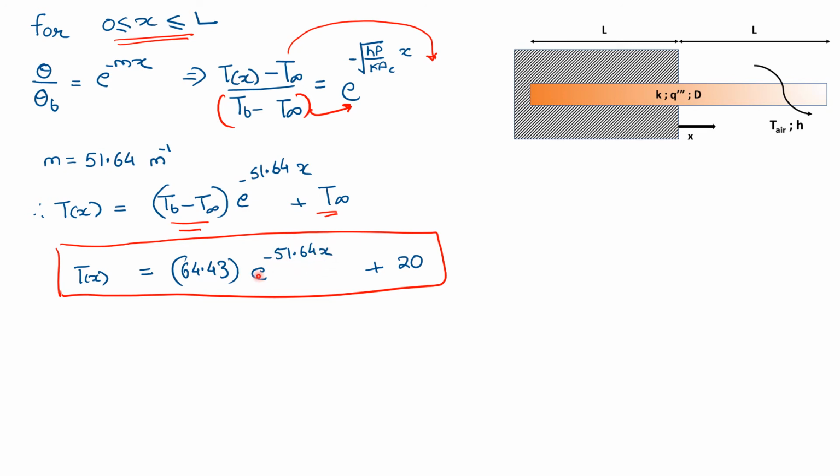If your x is a large value, your e to the power minus mx will be a very small value, which means that your temperature at that very large location x will be almost equal to 20 degrees, because this term here on the left will be a very small term, and therefore your temperature at that location, that is for large values of x, will be almost equal to 20, which is almost equal to the air temperature or the surrounding temperature, which makes sense because if you have a very long fin and if you are looking at temperature near the tip of the fin, your temperature at the tip will be almost equal to the temperature of the surrounding air. So our logic checks out here.